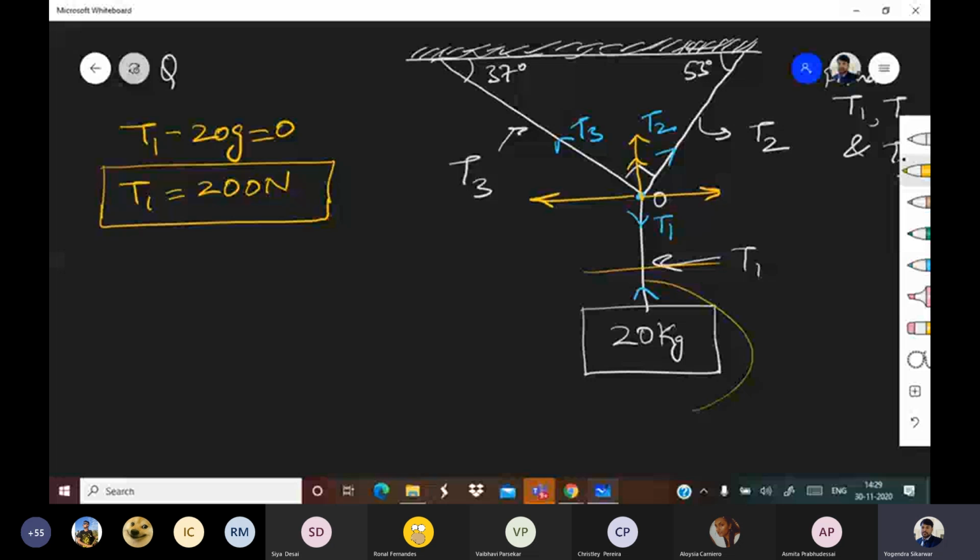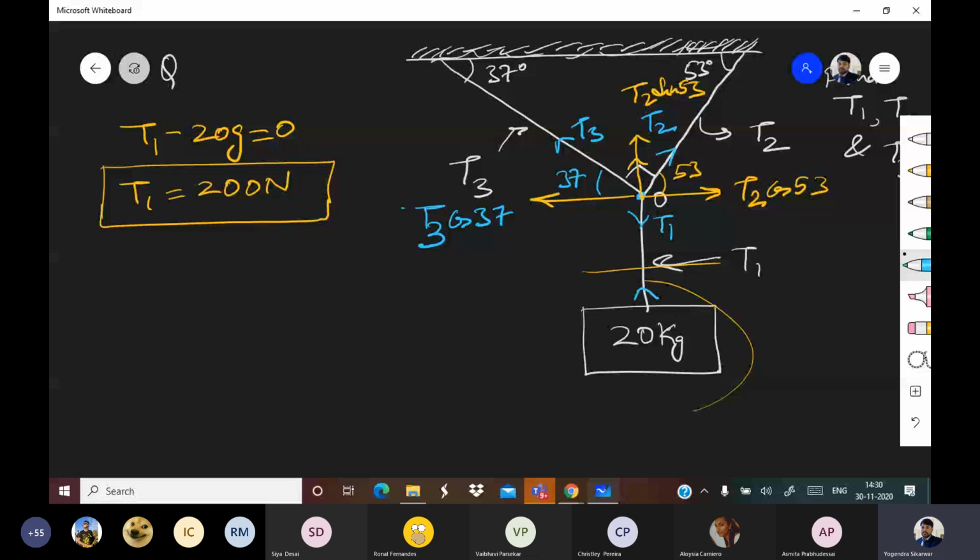So if this is 53 degree, this will also be 53 degree. So this will be T2 cos 53 and here it will be T2 sin 53. Similarly for T3, this will be 37, so T3 cos 37, and this will be T3 sin 37.